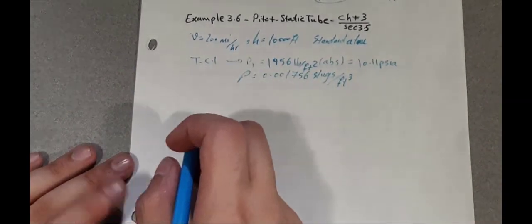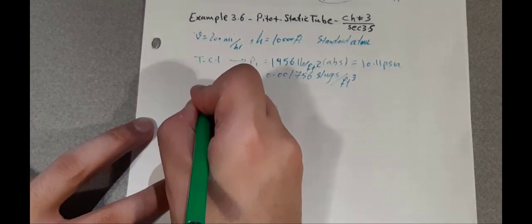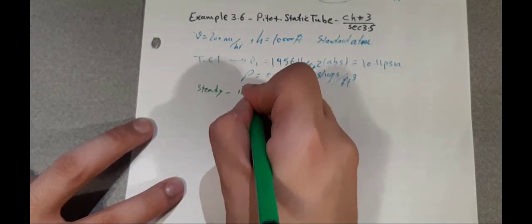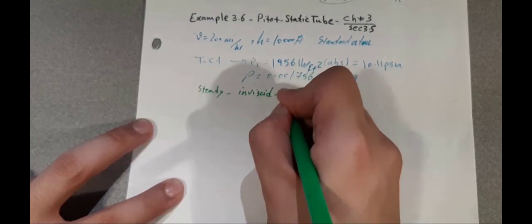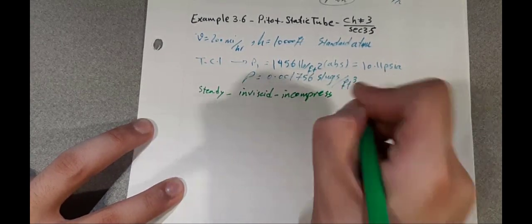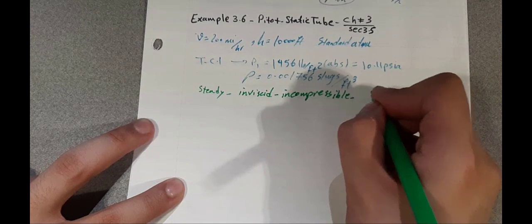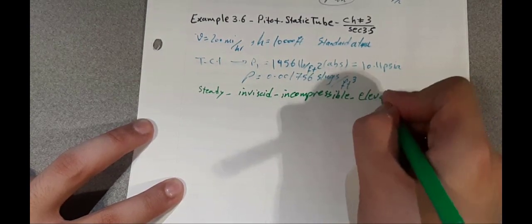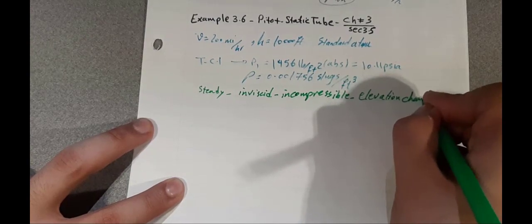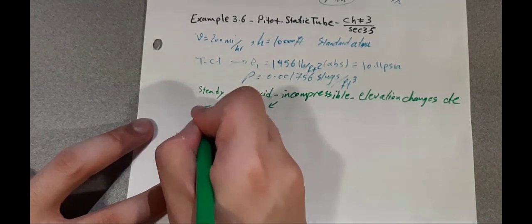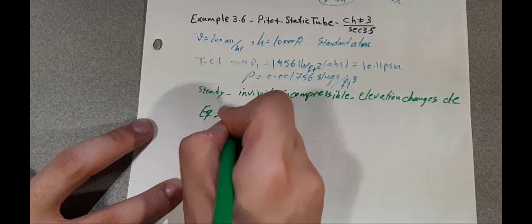As we are studying steady, inviscid, incompressible flow, as well as constant elevation without elevation changes, we can use equation 3.30.